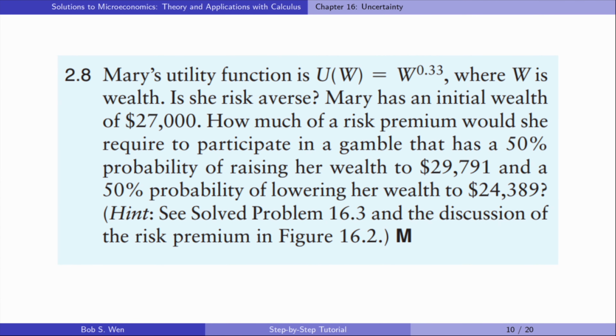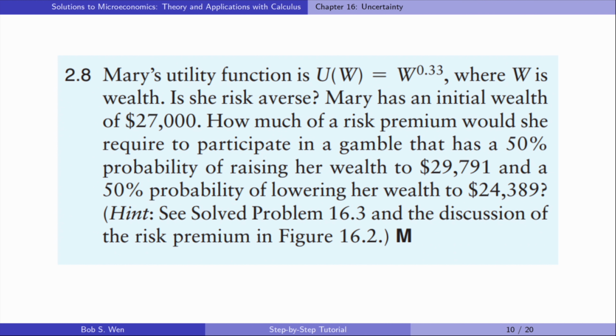Let's go to exercise 2.8. Mary's utility function is u equal to w to the power of 0.33, where w is wealth. Is she risk-averse? Mary has an initial wealth of $27,000.